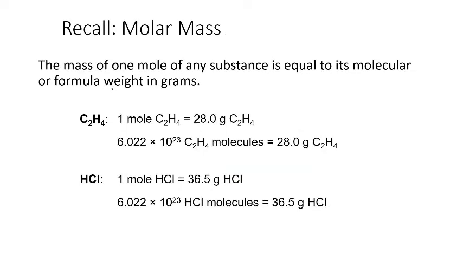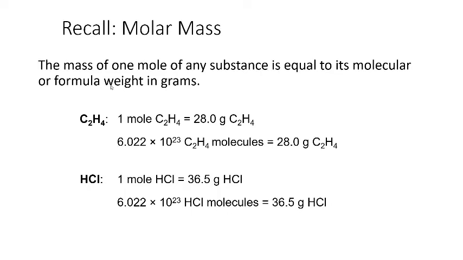Okay, so as I stated before, we can express these formula weights either as atomic weight or molar mass. All we have to do is swap out the specific units.